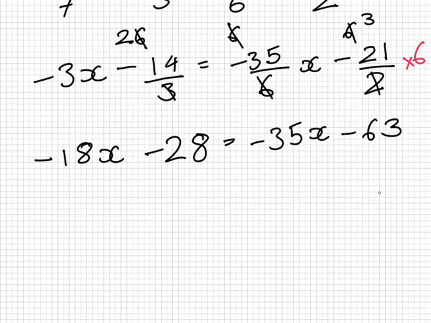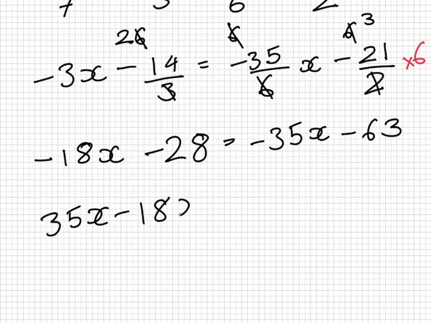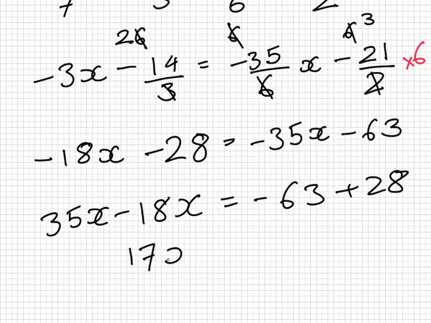Okay. Now, taking the x's to the left, 35x minus 18x equals minus 63 plus 28. So what do we get here? 17x equals, and then what do we get here?